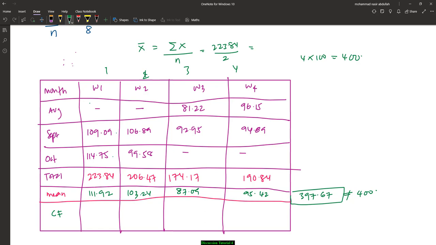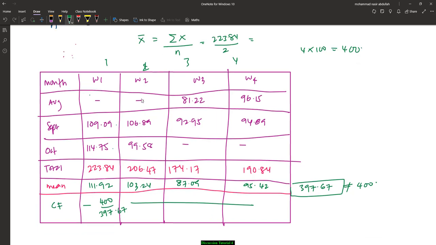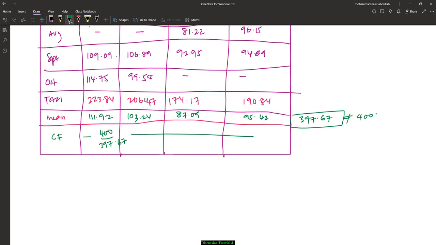So since this is not equal to 400, then we need to do a correction factor. Our correction factor is 400 divided by 397.67. This is our correction factor for all week, right? Next step is we need to find our seasonal index.